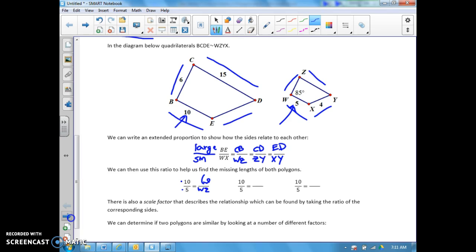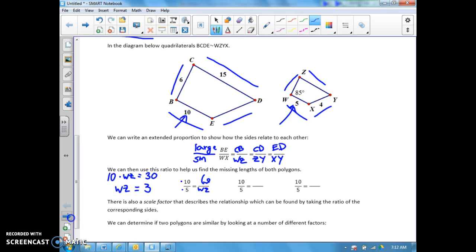Well, to solve this, I can cross multiply. I'm going to do the side over here where I get 10 times WZ equals 30, and solve. WZ must be 3. You did this in your proportions quiz for homework, so hopefully this is very familiar.